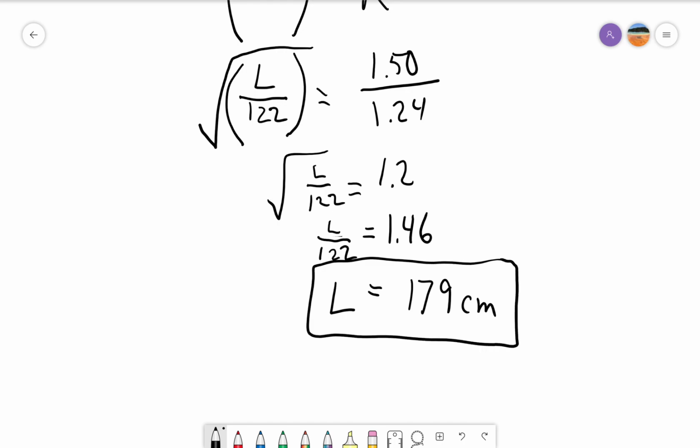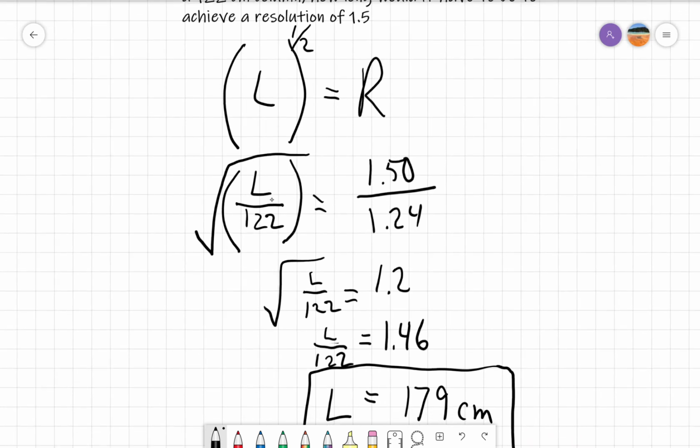So if we increase the length of the column from 122 centimeters to 179 centimeters, we will improve the resolution by a factor of 1.2, which will bring us to a resolution of 1.50.